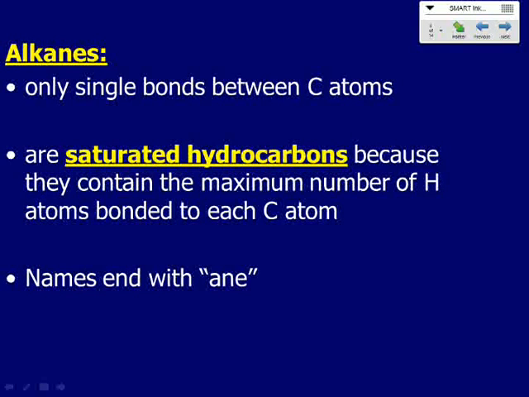Okay, so now let's talk then about alkanes. Alkanes are the only group of hydrocarbons that essentially has no functional group. It's all carbons singly bonded to other carbons or hydrogen. They're all sp3 hybridized. They're highly symmetrical.